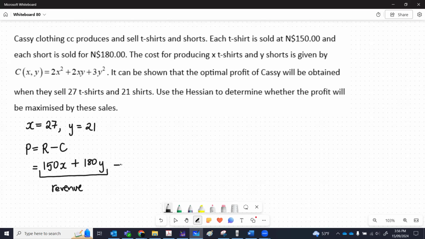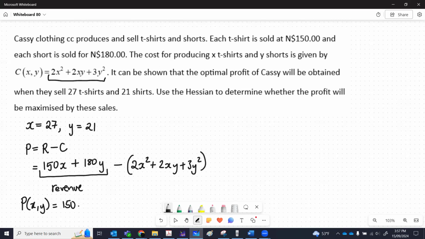And then what we do is we subtract our costs. This is our formula for the cost, and we put it in brackets to show that we are subtracting everything, not just 2x squared. So xy plus 3y squared. Okay, and this gives us the formula for our profit.